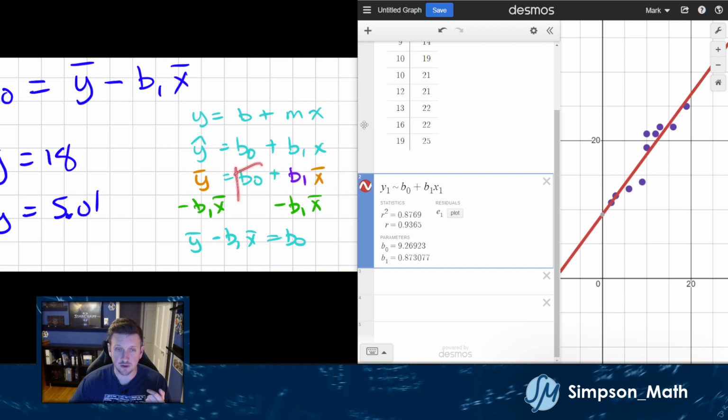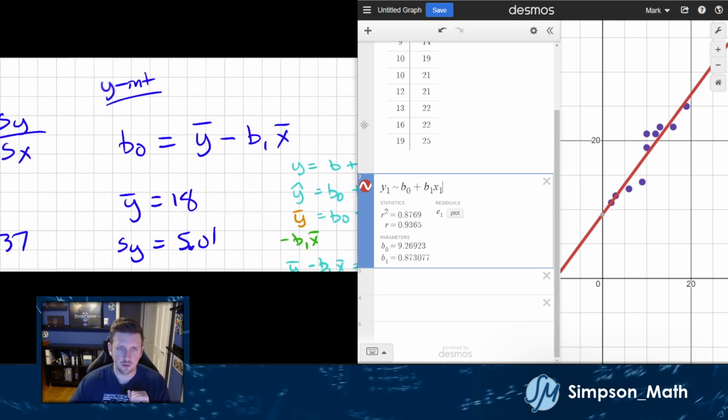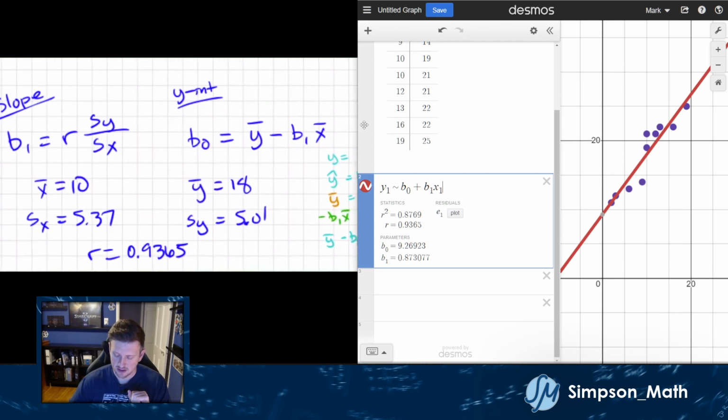So I can now solve for b sub 0, the y-intercept. Subtract b1 x bar from both sides, and I get y bar minus b1 x bar. Sorry, I might have misspoken. Y bar minus b1 x bar equals our b null. Or when we write the b null first, it's b null equals y bar minus b1 x bar.